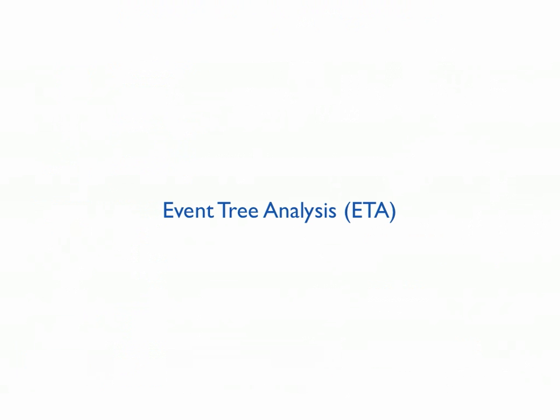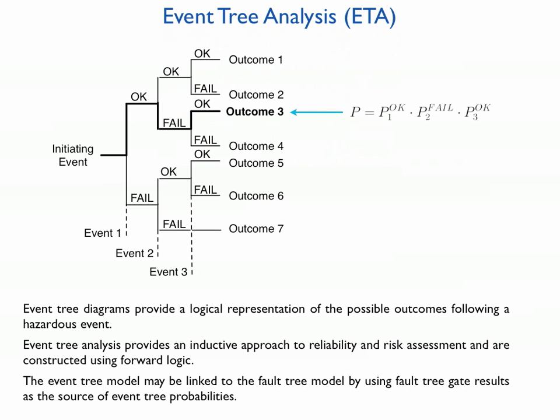The last methodology in this group that I want to discuss is event tree analysis, ETA. What is event tree analysis? Event tree diagrams provide a logical representation of the possible outcomes following a hazardous event. It means that we are thinking about the events that can happen during our system execution, and the event tree helps us analyze different combinations of the outcomes of these events.